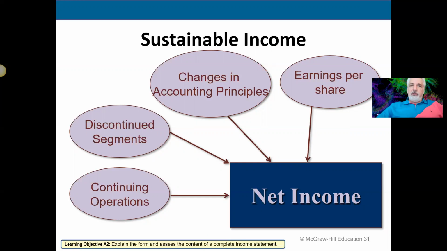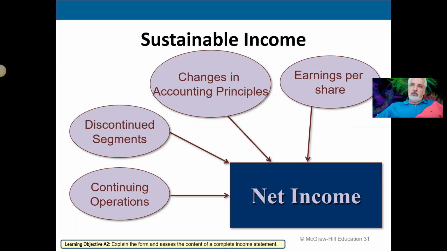You might have something called earnings before interest, taxes, depreciation, and amortization, EBITDA. You take depreciation out of the mix, you take amortization out of the mix, and you take the other unique things, interest, out of the mix. So continuing operations is the best predictor of future performance.